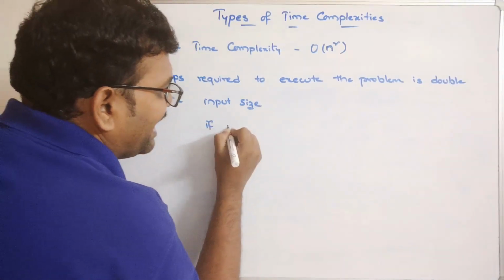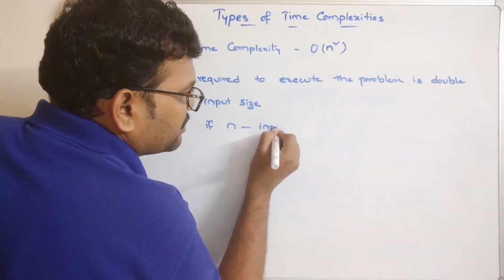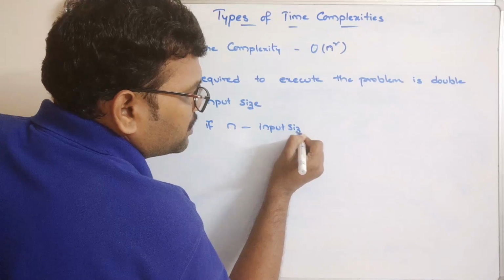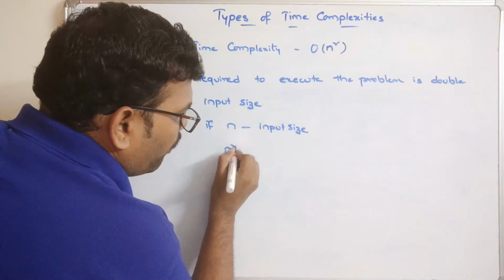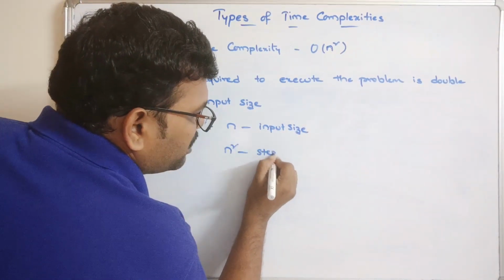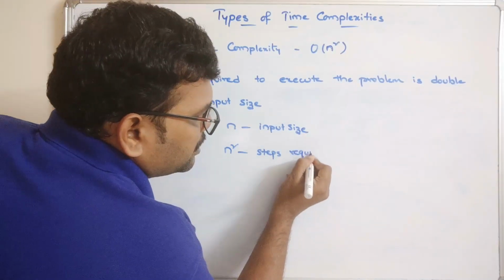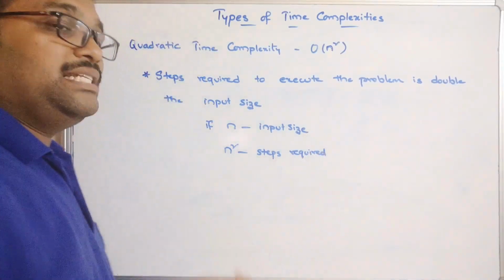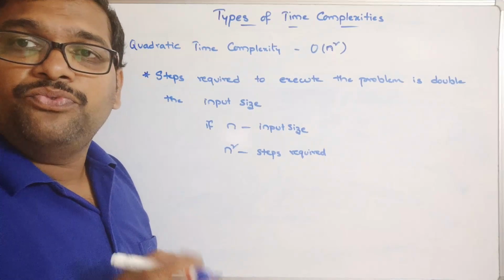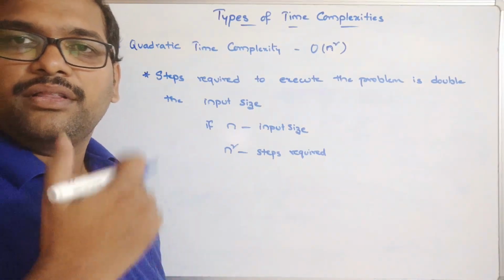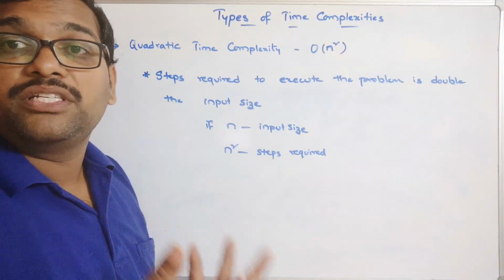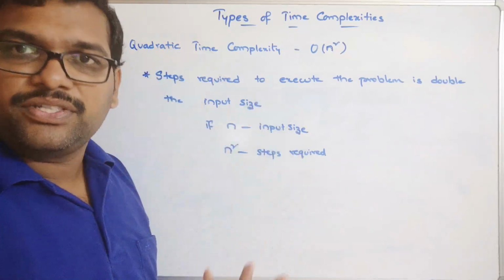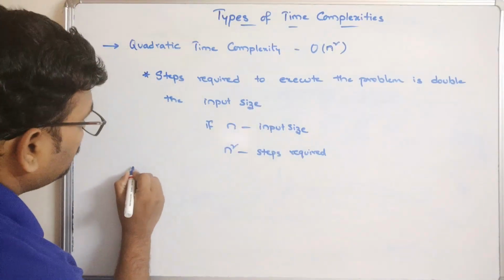So if n is an input size, then n square will be the steps required. And this algorithm is very slow if the size of input is more, because it takes a double of the steps, right?